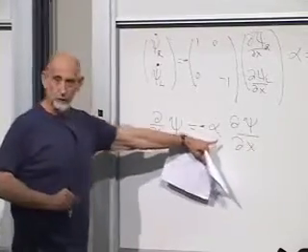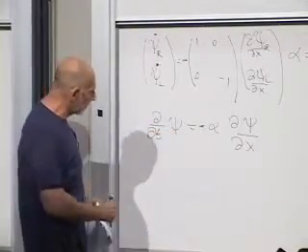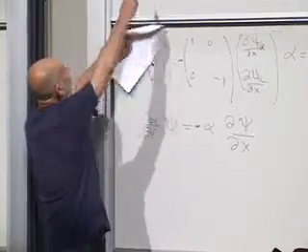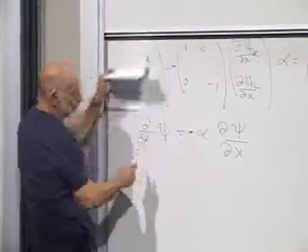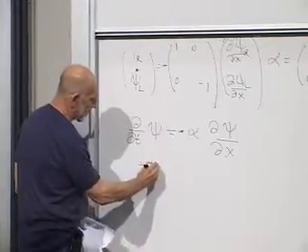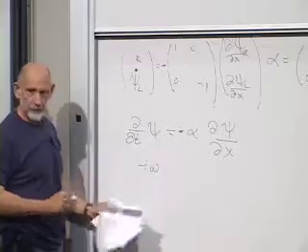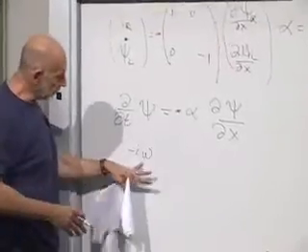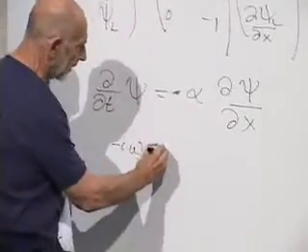Let's rewrite this equation first in a neat form which will be convenient for us. When you take a wave and you hit it with d by dt, it just gives you a factor of minus i omega.